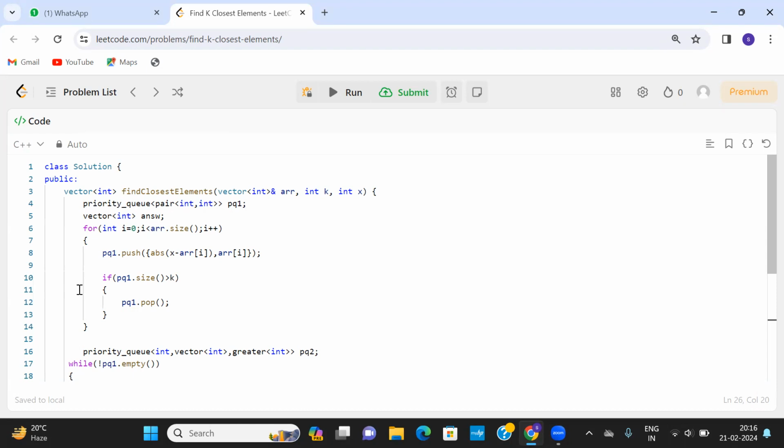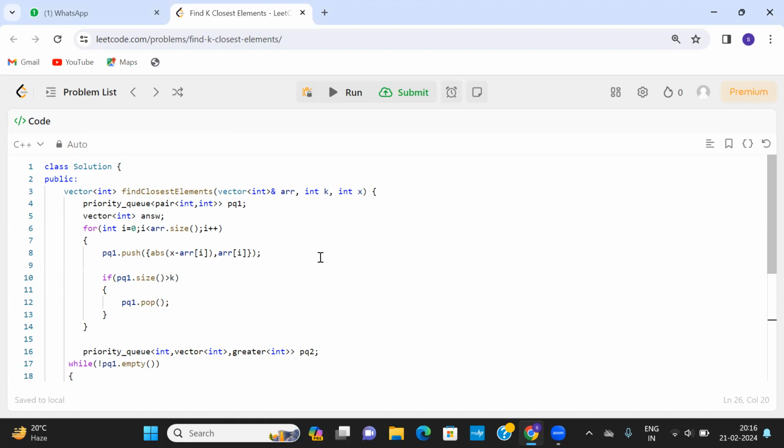In this approach, for int i equal to 0, while i is less than ARR.size, i plus plus, we are traversing through the entire array. We are finding the absolute difference, abs of x minus ARR at index i, and pushing it in our priority queue, our max heap. Our max heap will maintain its order based on the first element.